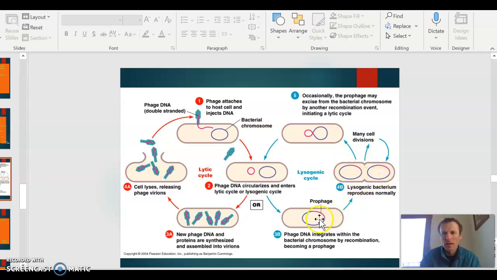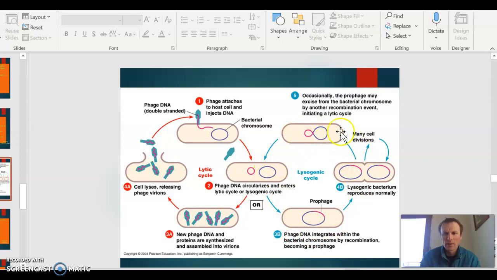And the viral DNA we call a prophage, which then is the instructions for what the cell does, and these instructions say make viruses. And so this side of the cycle represents what's called the lysogenic, or the sort of dormant phase of a virus.